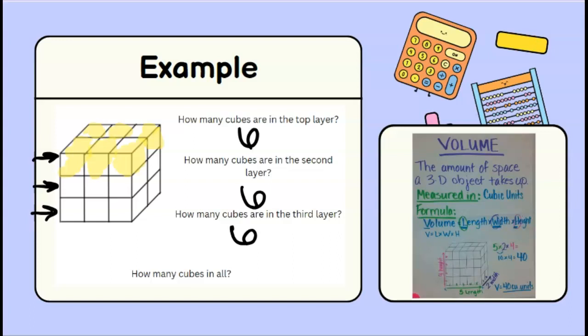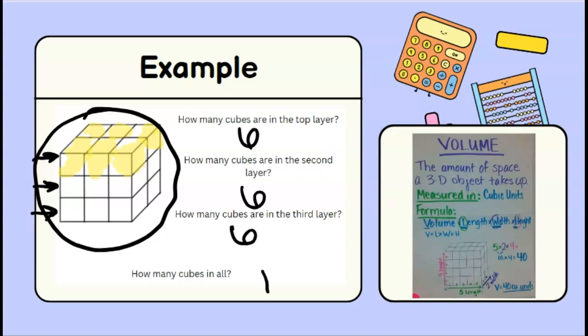How many cubes do I have all together? Well, I can add the top, the middle, and the bottom to find out. I know 6 plus 6 is 12. 12 plus 6 is going to be 18.